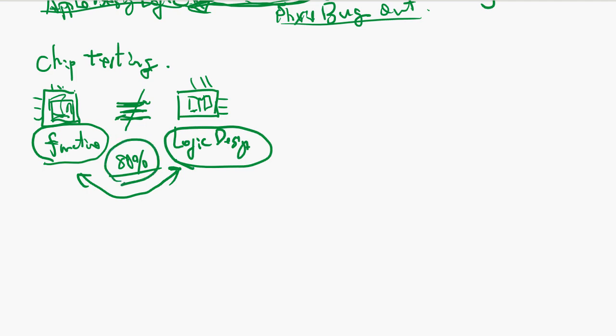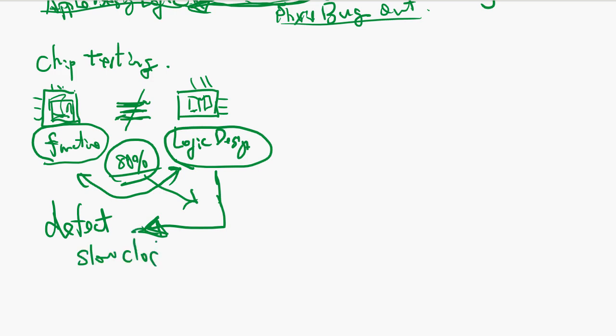Now within this 80%, if you find a difference, aha, this chip is defective, something is wrong, it doesn't do exactly what the logic design says. Well, actually, that's not always true. Sometimes, for example, you generate a test pattern and run it on the probe.